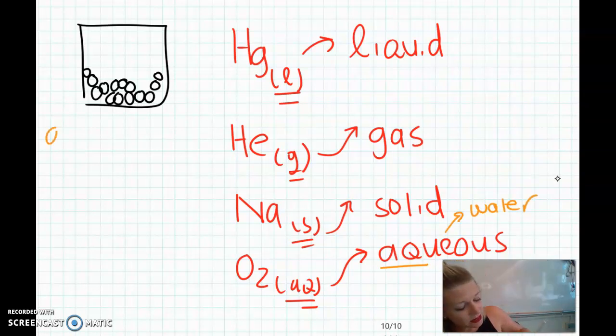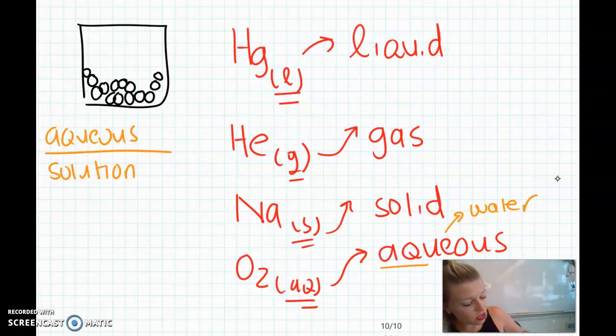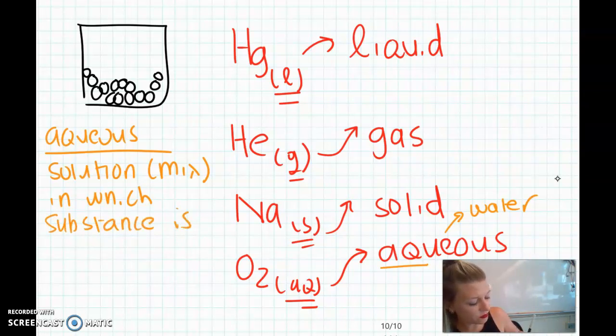So an aqueous substance means that it is a solution, or a mixture, in which the substance is dissolved in water. Okay, so aqueous means it has been dissolved in water.